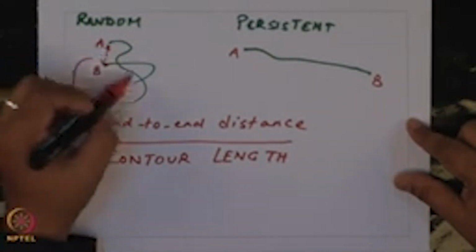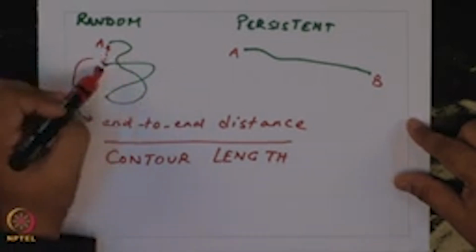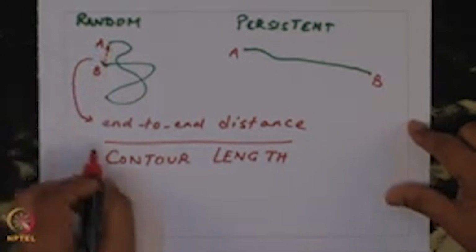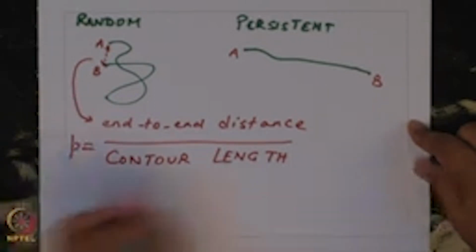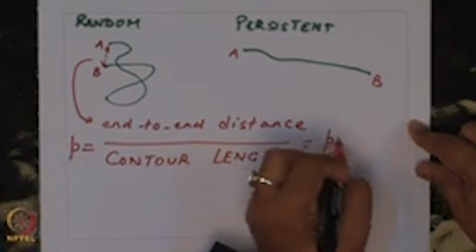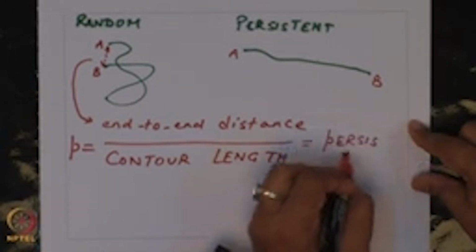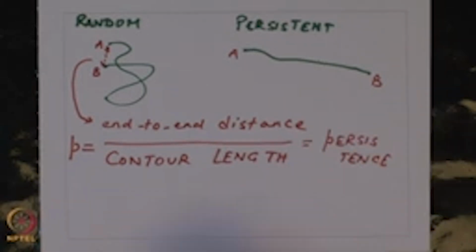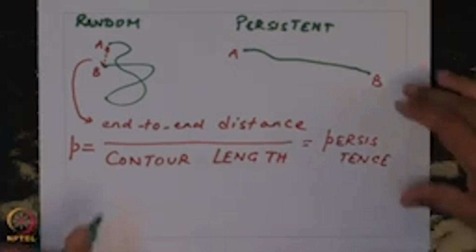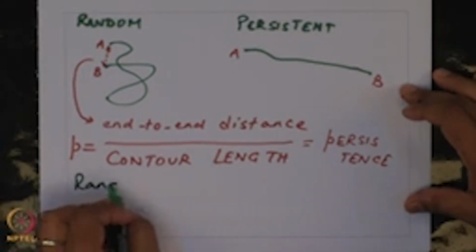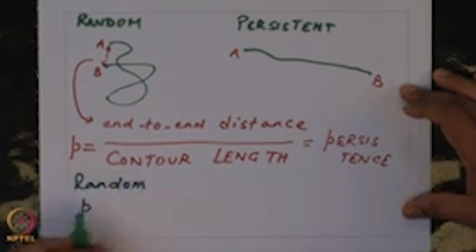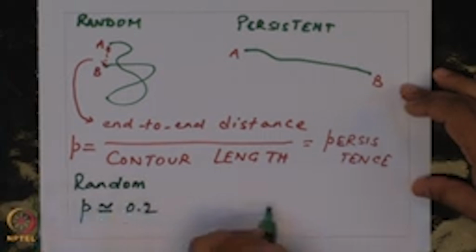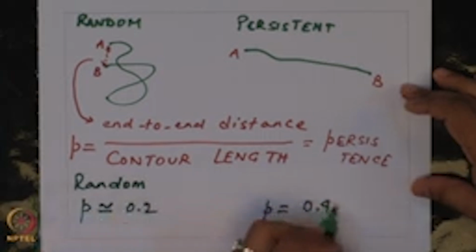In this case the total distance, or the contour length, is significantly higher compared to the end to end distance. So, this ratio, if I call it P, is defined as a metric of persistence. For random migration you will get P, let us say, approximately equal to 0.2, versus in this case P will be 0.95.